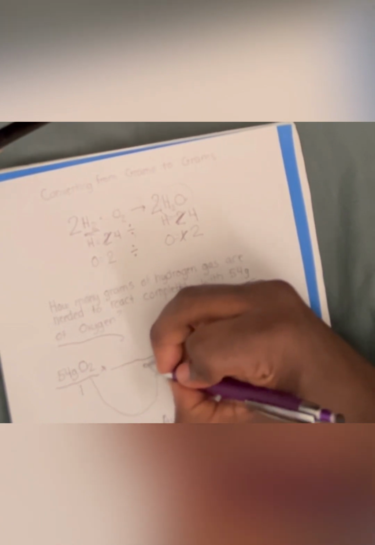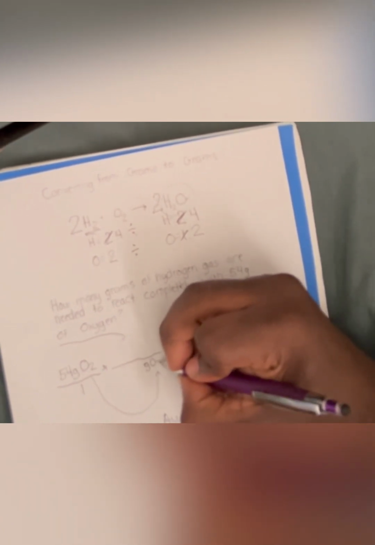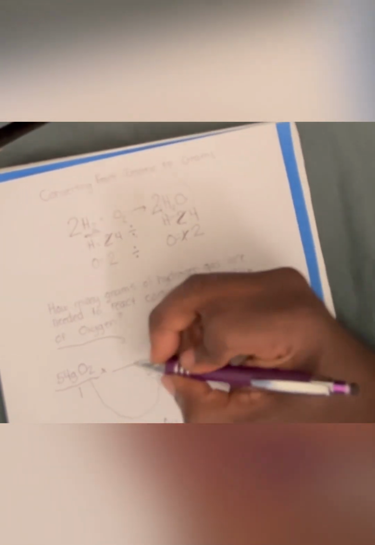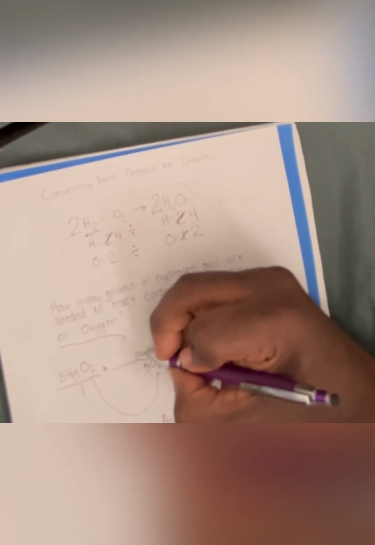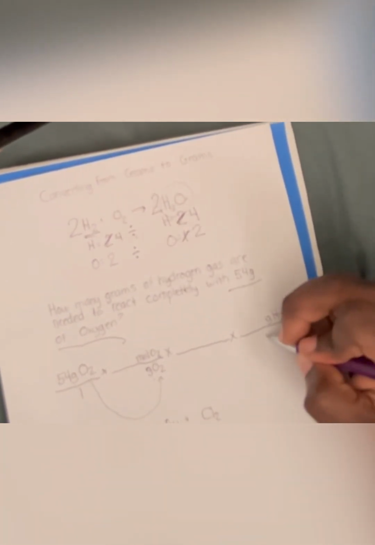So grams of O2 will go down here. And remember what I said in the other equation. When you have grams of something, you also have moles of that same thing. So if I have grams of O2 right here, on top, I'm going to have moles of O2. Same over here. If I have grams of H2, I'm going to have moles of H2.